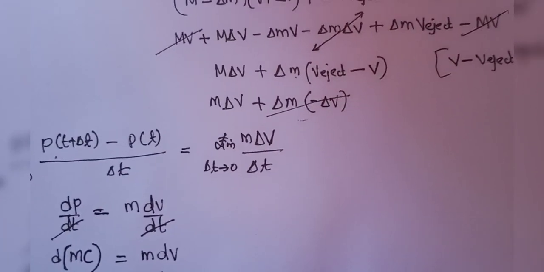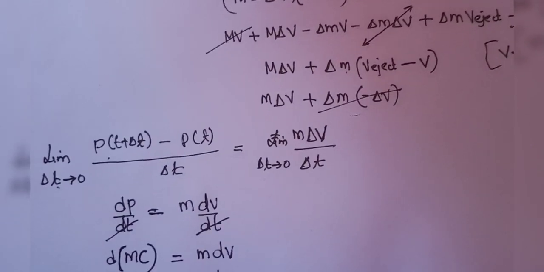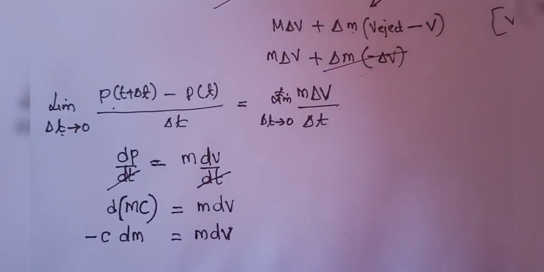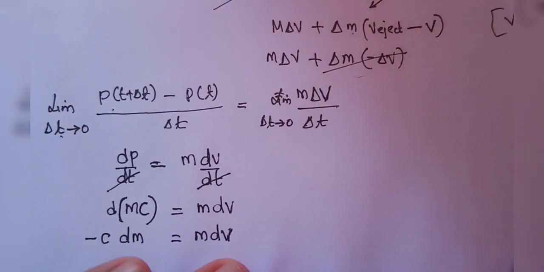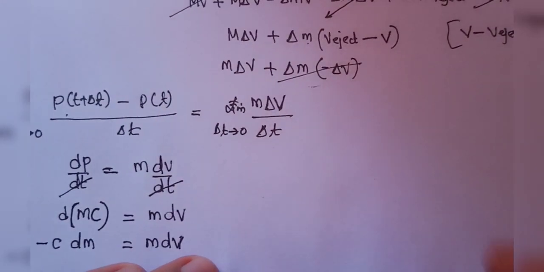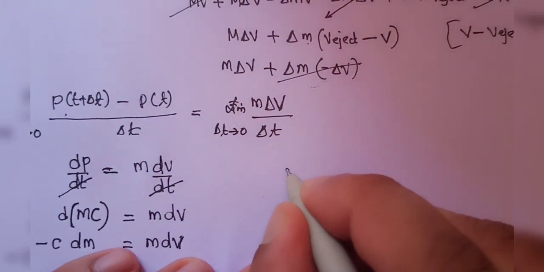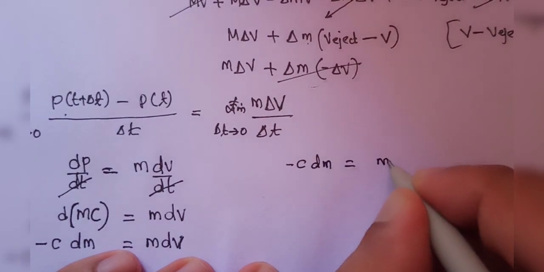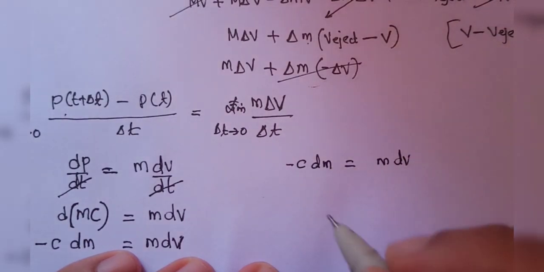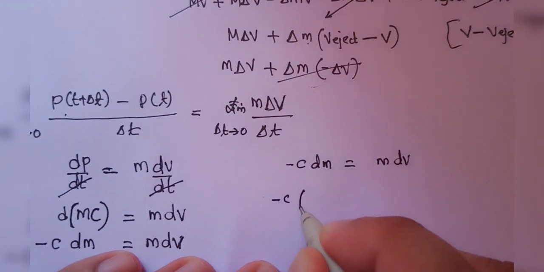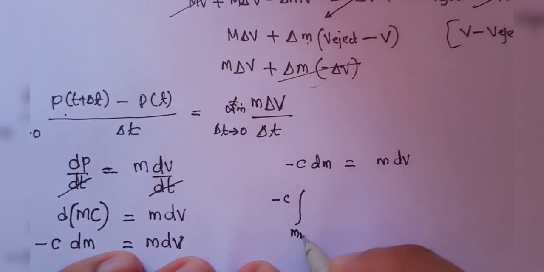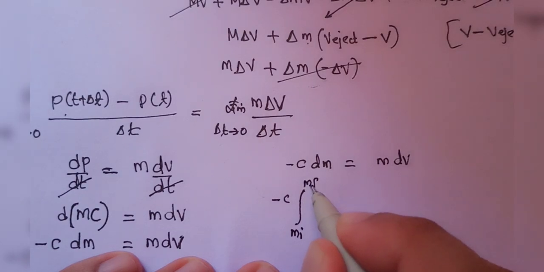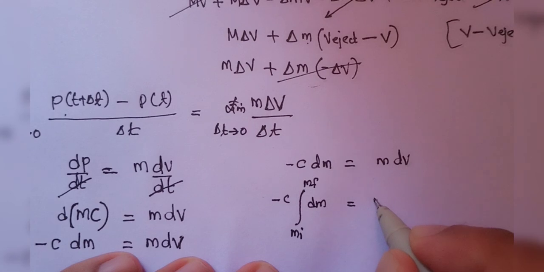Now in order to make this a finite term, to remove the differentials, we need to get the total mass and the velocity gain. So I'll write over here, we have minus c dm equal to m dv. Now I am integrating on both sides: minus c integral from initial mass mi to final mass mf of dm, equal to m times the integral of dv.